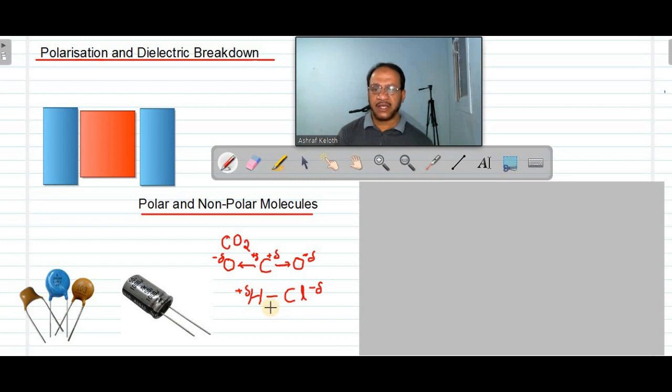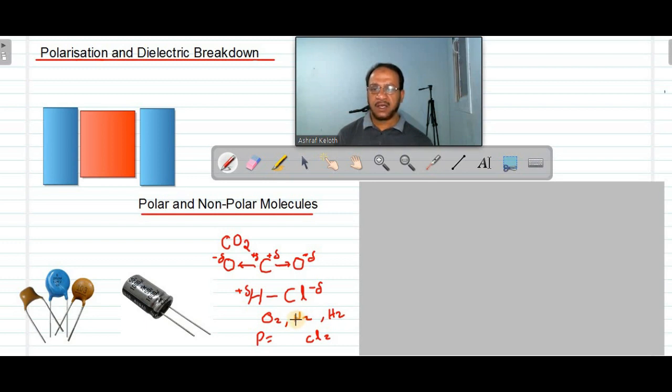It has polarity. But if you take molecules of elements like O2, N2, H2, Cl2, these are all covalent molecules. What will be the dipole moment of all these molecules? In the oxygen molecule, between two oxygen atoms there are two covalent bonds, a double bond. In nitrogen there are three covalent bonds between two nitrogen atoms.